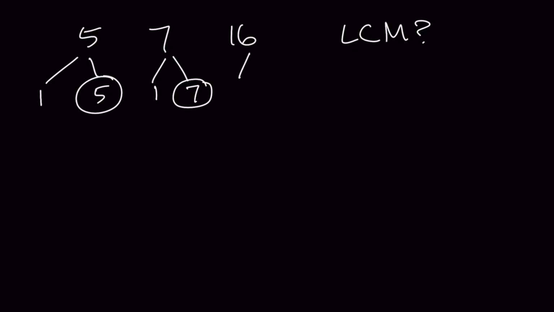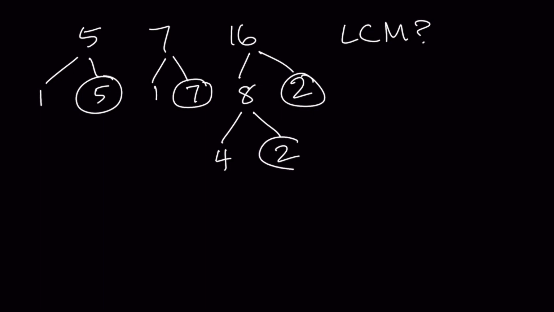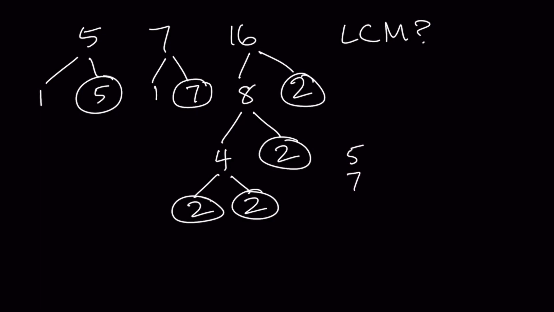And then 16 can be divided into 8 times 2. 2 is prime, so we stop there. 8 can be divided into 2 times 4. 2 is prime. And then 4 can be divided into 2 times 2. Now when we list all the numbers in our little table, we have 5, 7, 2, 2, 2, 2.